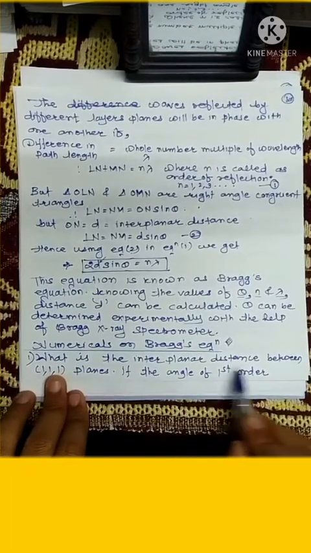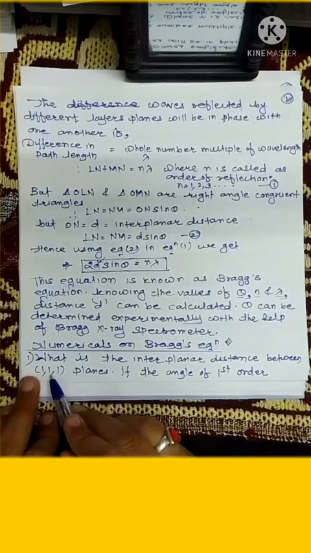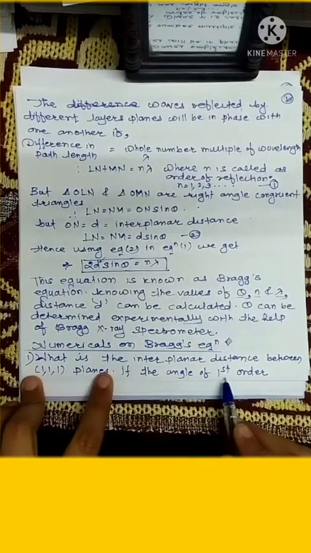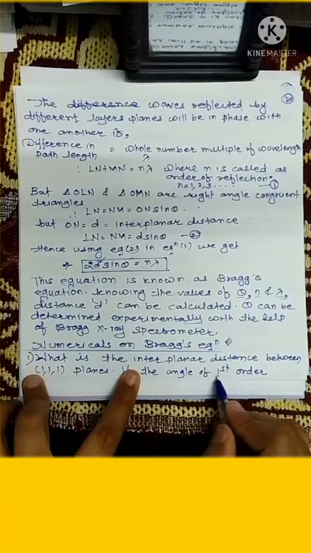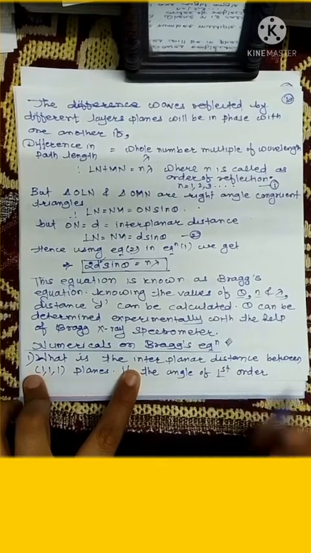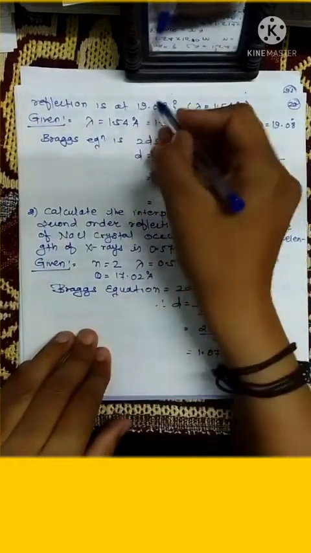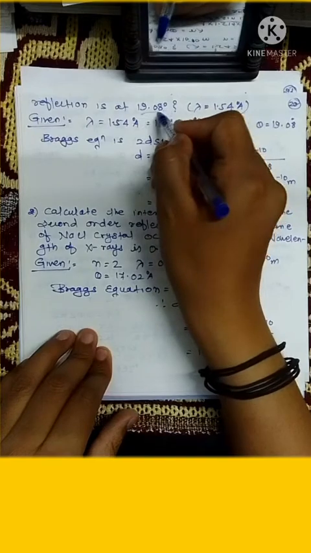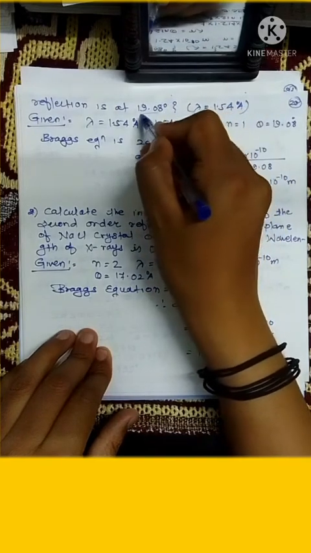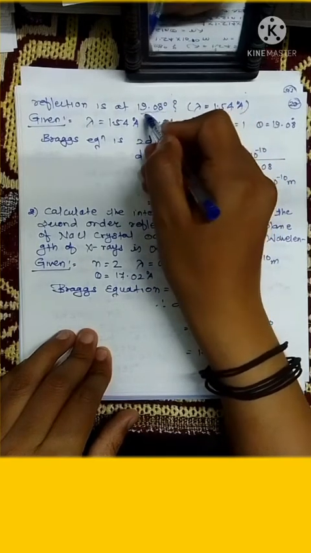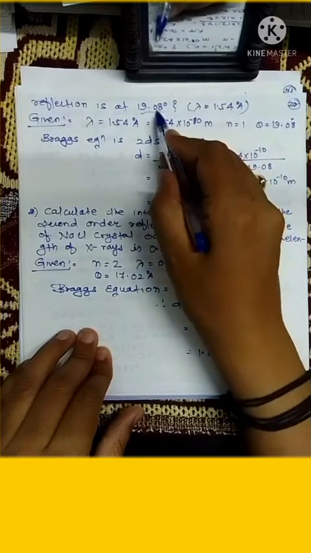What is the interplanar distance between the planes if the angle of first order reflection, so the value of n is 1, is 19.08, so it is the angle, the value of theta.